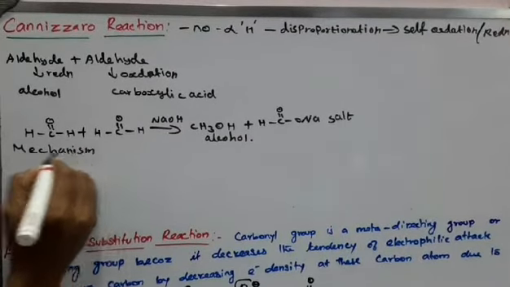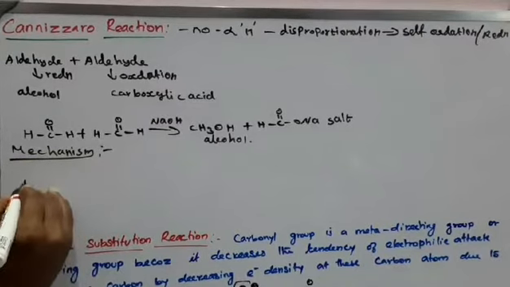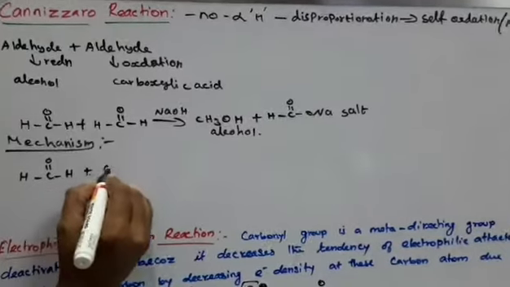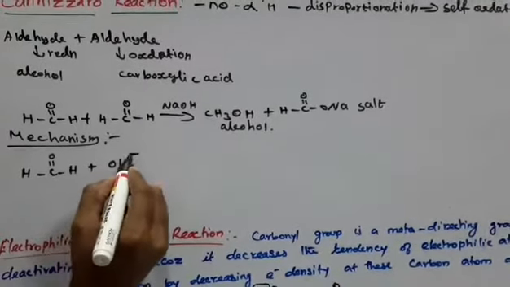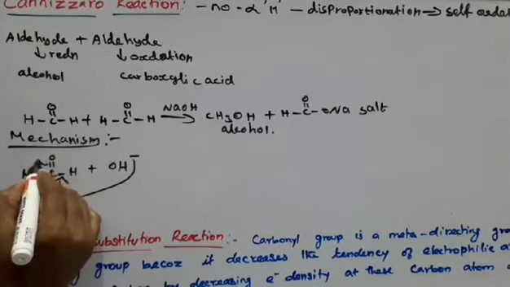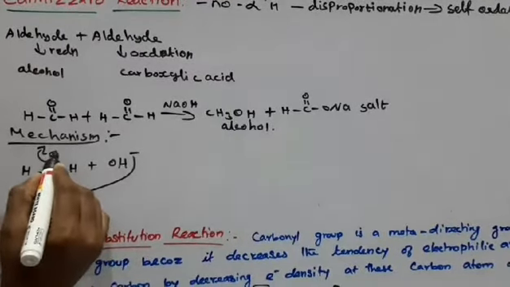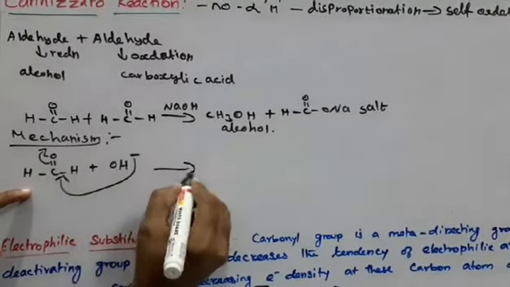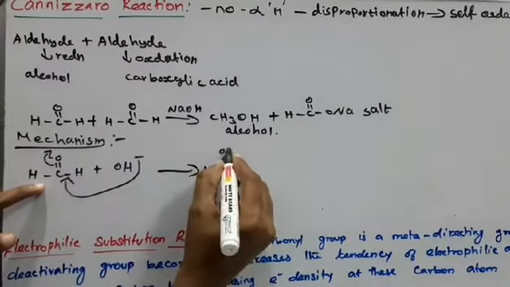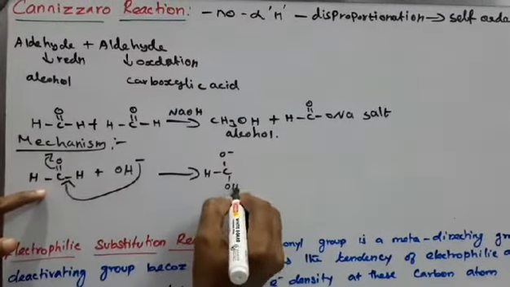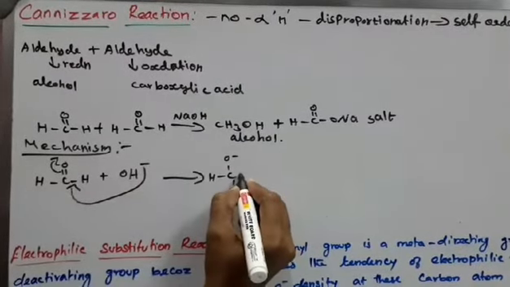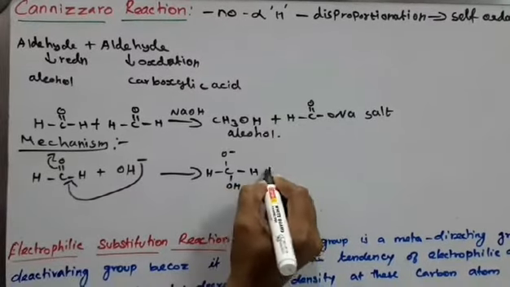Now how does the mechanism take place? Take H C double bond O H, so nucleophilic attack takes place. This OH minus attacks this carbon atom, so pi bond shifting takes place. So what happened here, to form H C O minus and here OH minus, this comes and attacks this carbon to form OH minus and H plus.